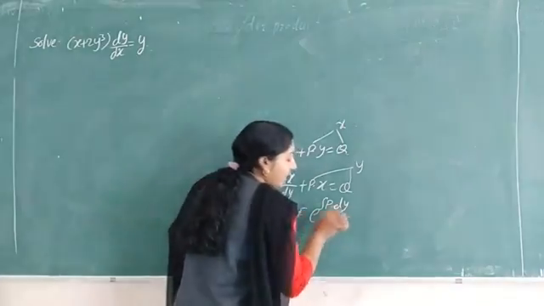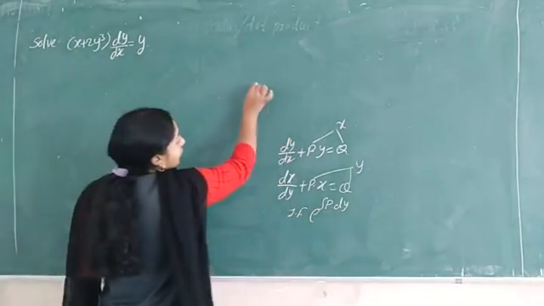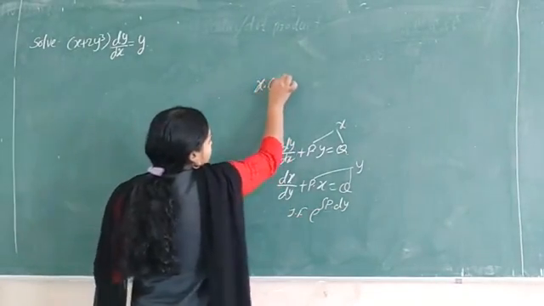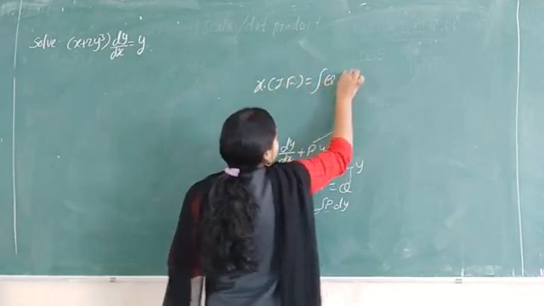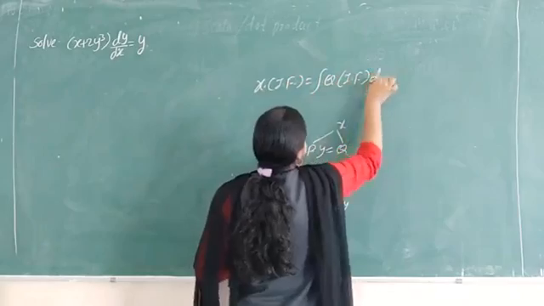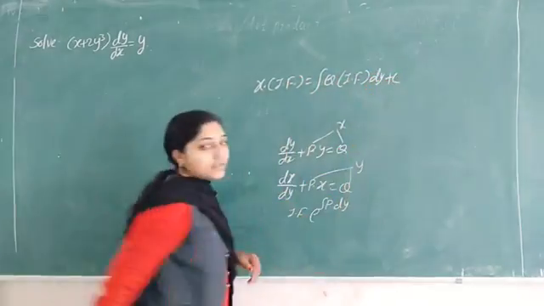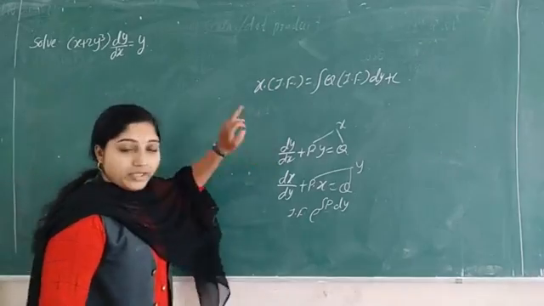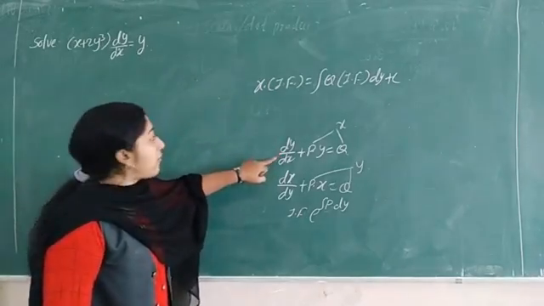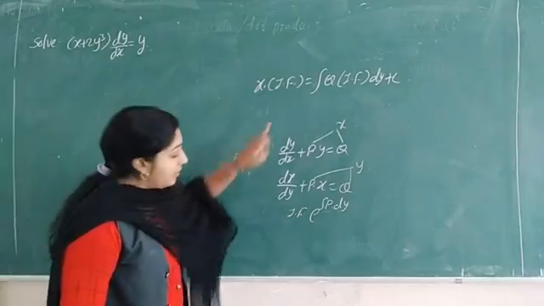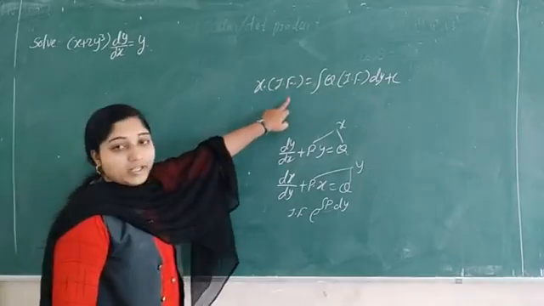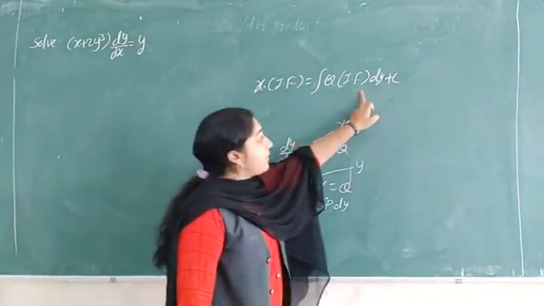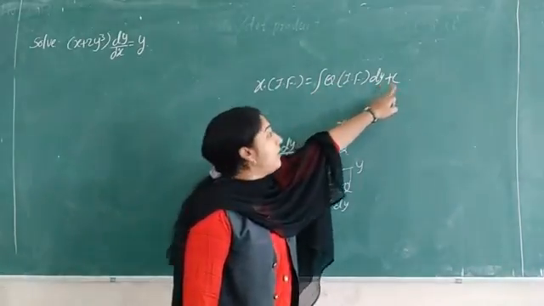Then find this integrating factor and write down the solution as x into integrating factor is equal to integration of q into integrating factor with respect to y plus c. In the earlier case, the solution is y into integrating factor, but this is the linear differential equation in x, so here x into integrating factor, equal to integration of q into integrating factor with respect to y plus c.